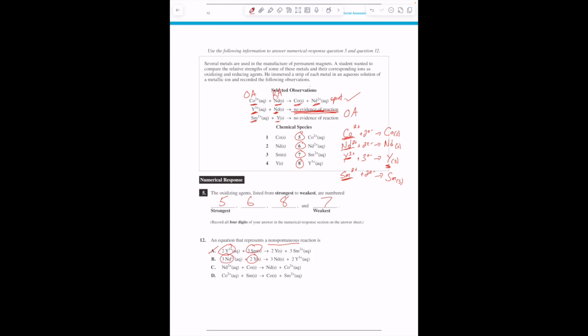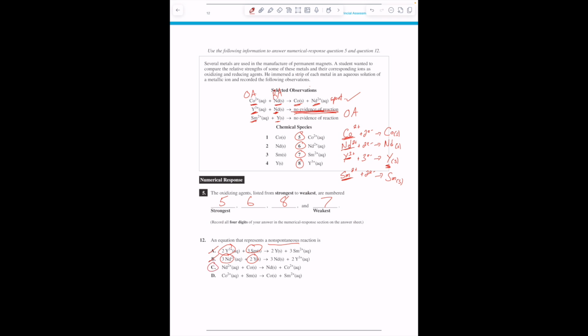Nd2+ and Y. That is spontaneous, so that's out. Next one. Nd2+ and Co solid. There we go. That is non-spontaneous. The OA is below the RA. So that should be our answer. That has to be our answer.